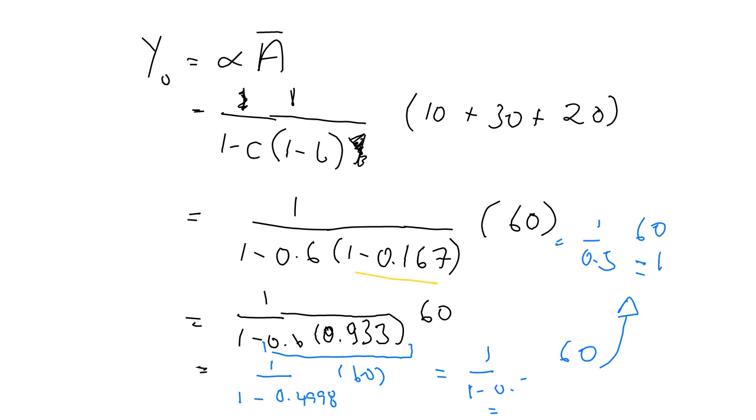It's 120, absolutely. And that's what happens as soon as you add government spending: the equilibrium has moved and it has increased. We have basically shown that through a graph and so forth.